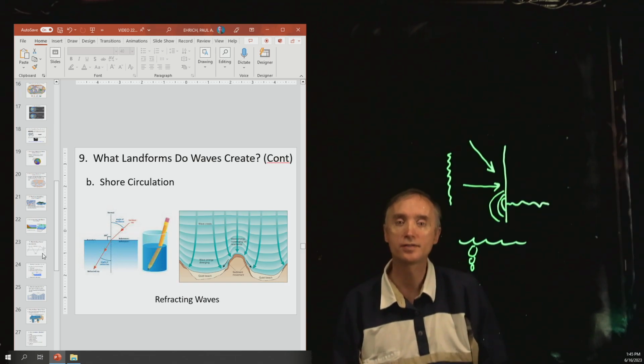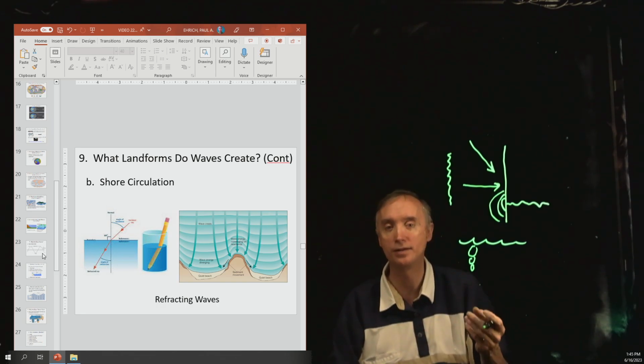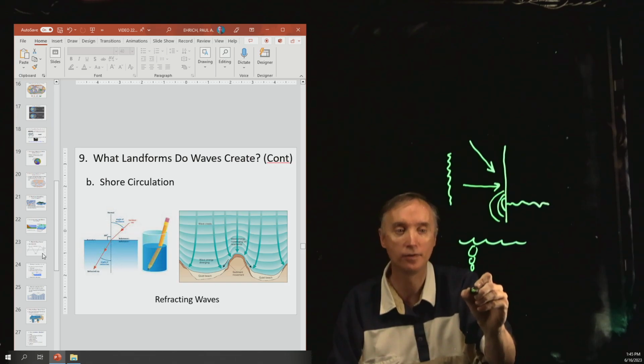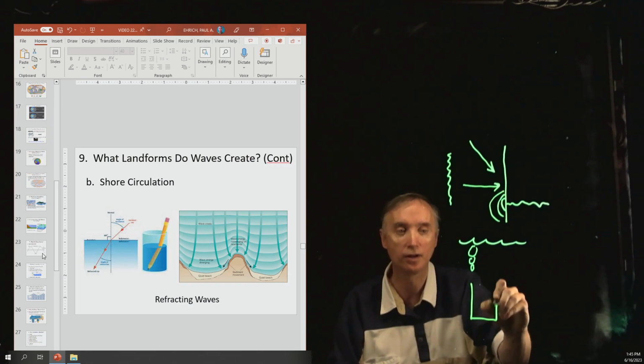Okay, next thing, let's talk about shore circulation and refraction. Refraction is the bending of a wave as it goes through a material. A good example of this is if you've got a glass, fill it up with water, and then put a straw into it.